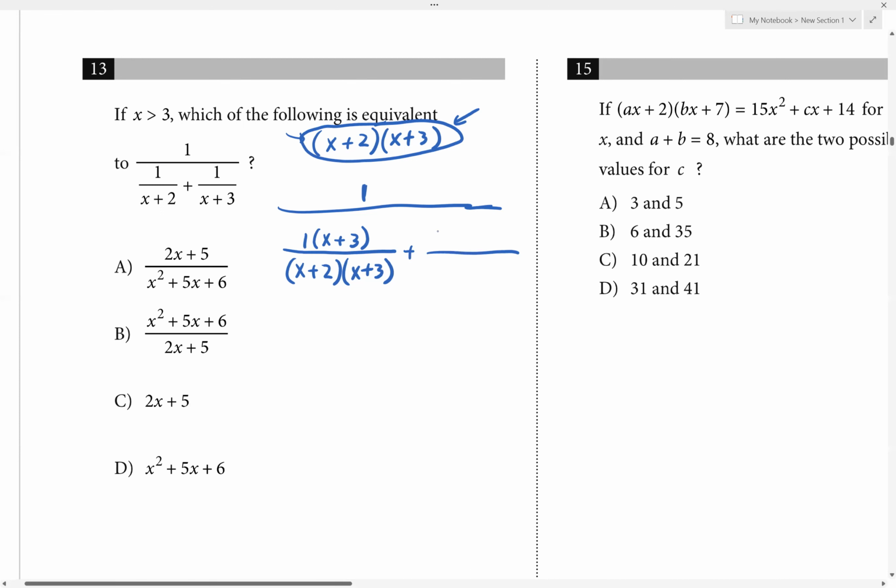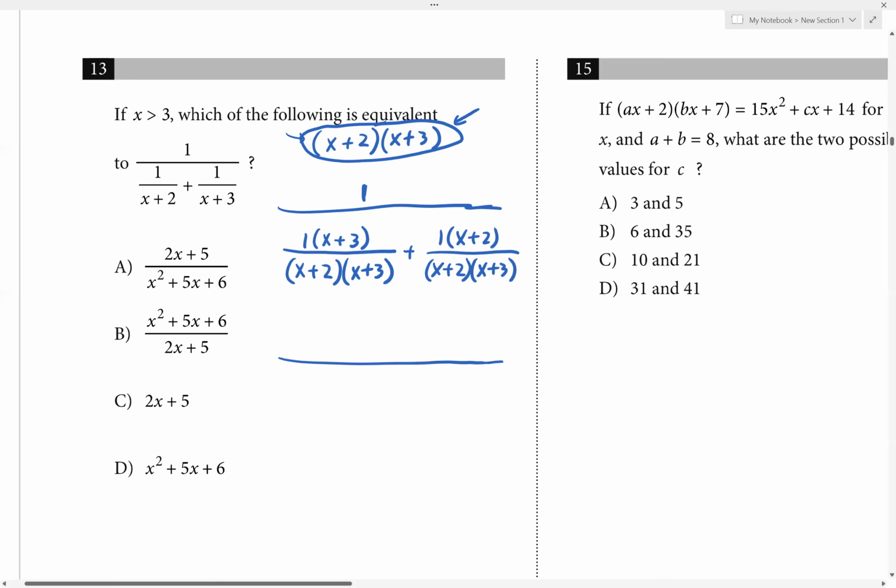Right now I already have x plus 3, so we need an x plus 2, to make x plus 2 times x plus 3 on the bottom. So we do 1 times x plus 2 on the top, because that's the new thing that we added there.